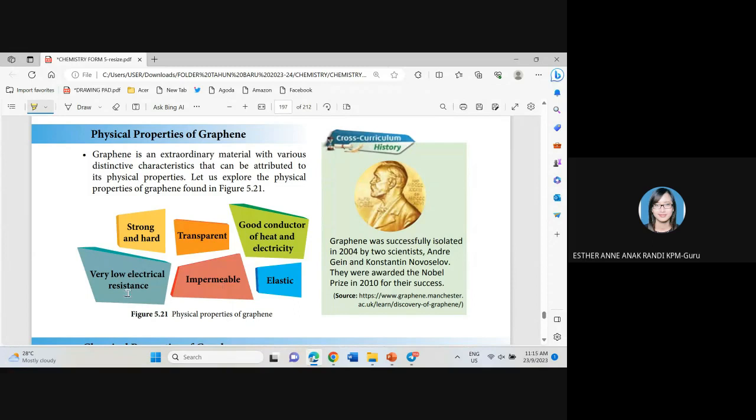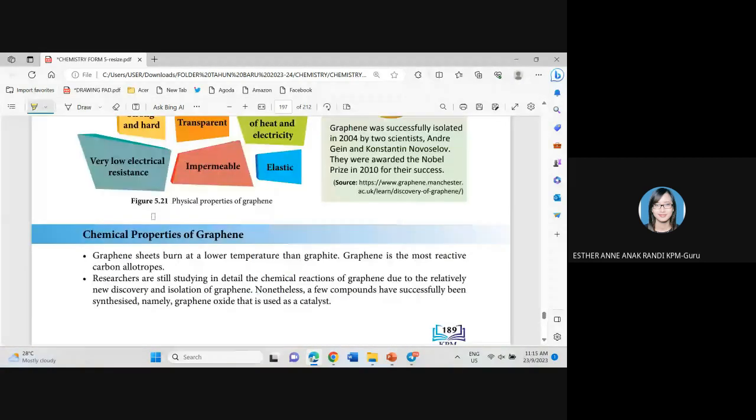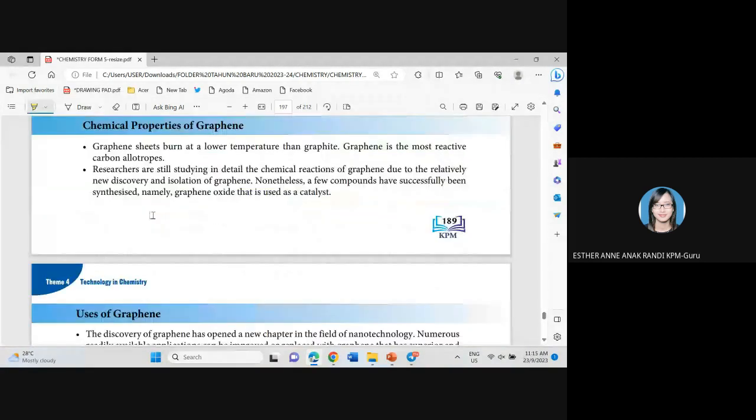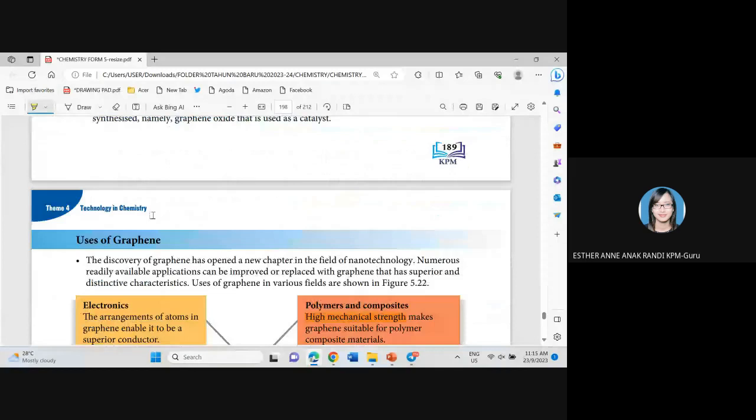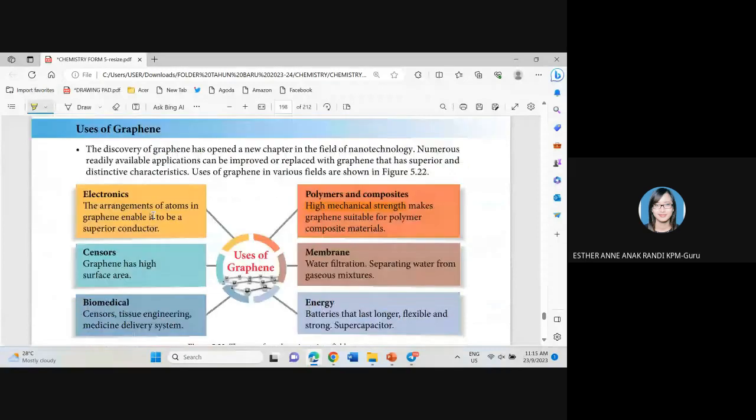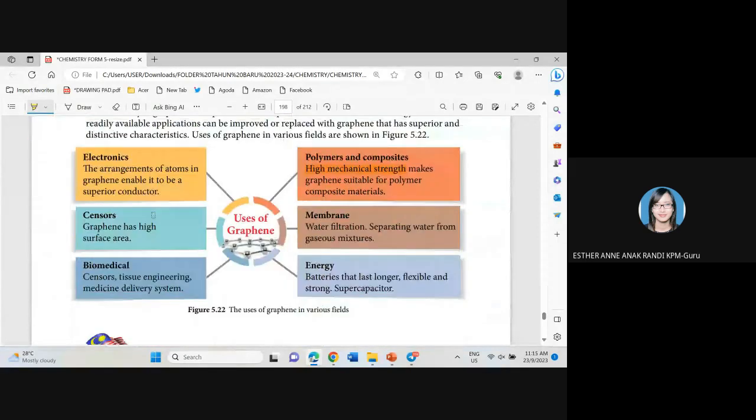It has very low electrical resistance. Okay, this is for graphene. Alright, so usage of graphene, kita tengok saja. Where do we use this graphene? In electronics, we use as conductor, we use as sensor, okay, high surface area.